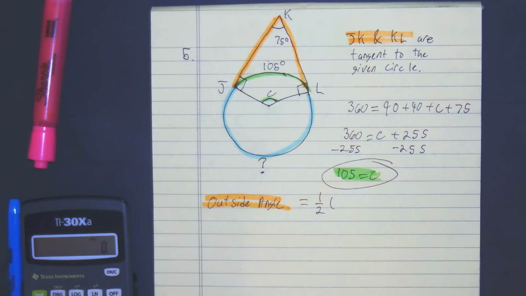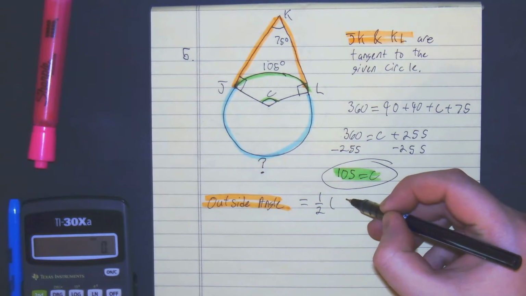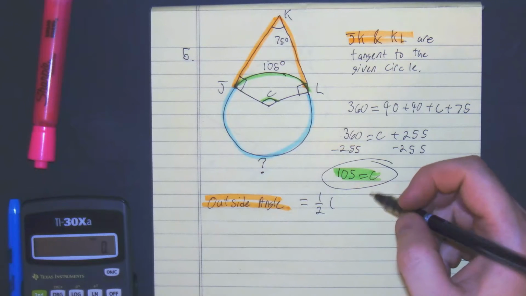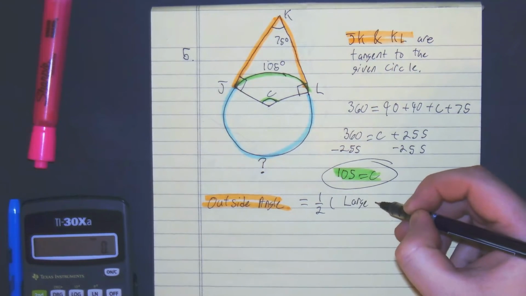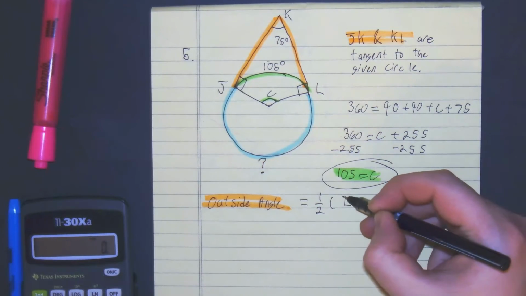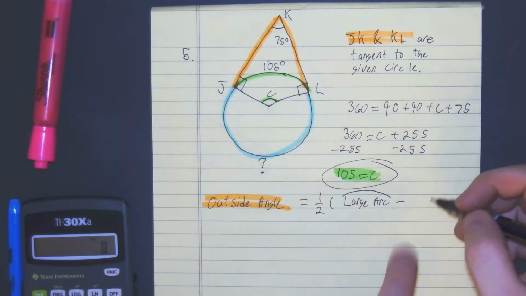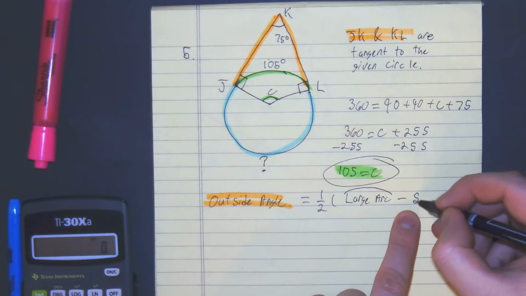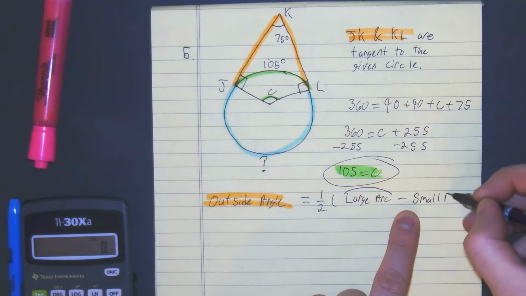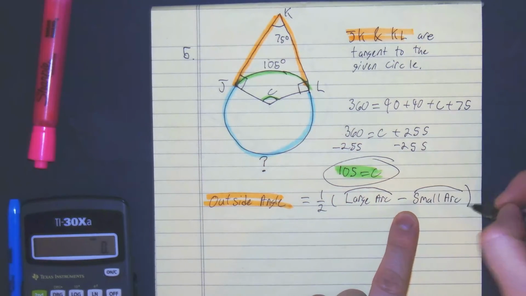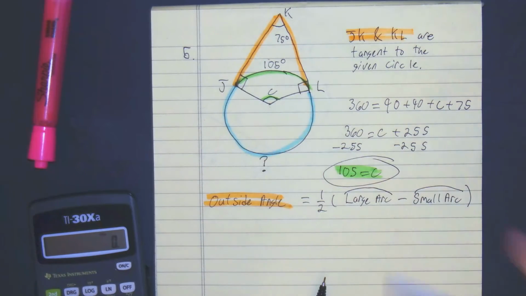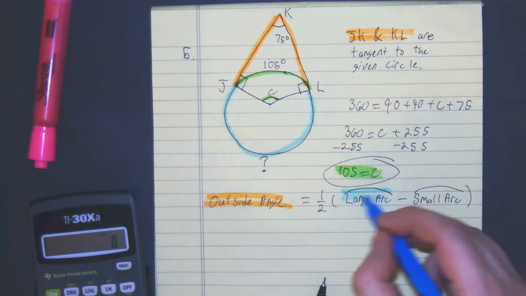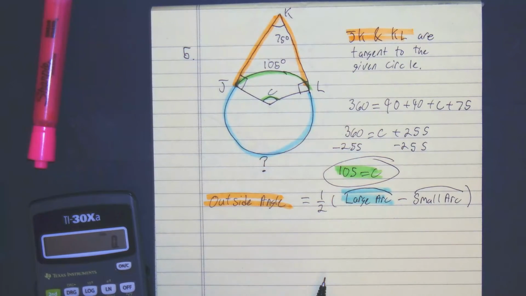What's a good word? The outside arc. The large arc minus the smaller arc. That's a nice, quick way to say it. I don't know if it's the best, but it makes sense. JL. And then the small arc.